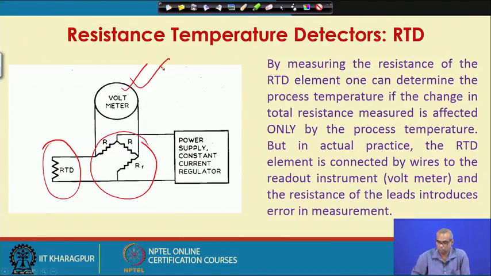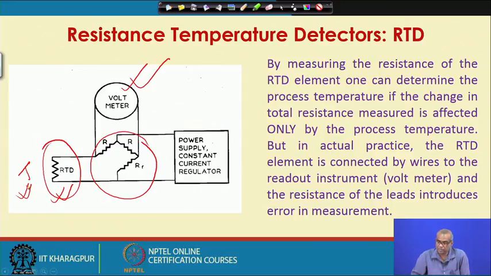Now, when I want to measure the temperature of a medium using this RTD, I will expect that the change in resistance of the RTD element should happen only due to change in temperature.